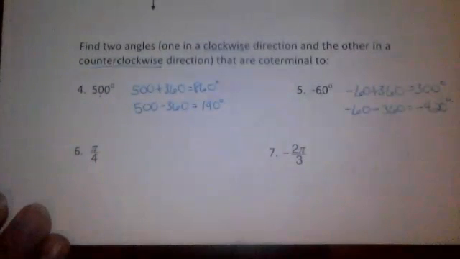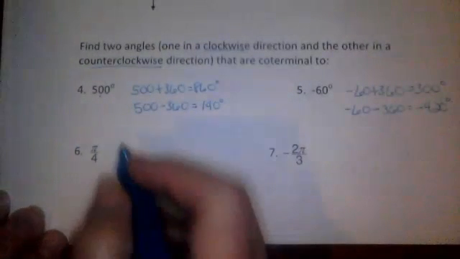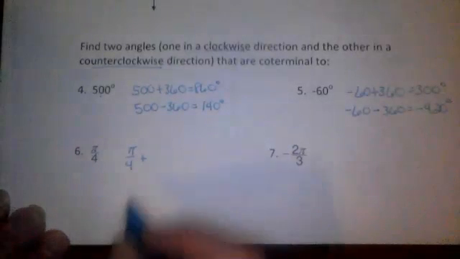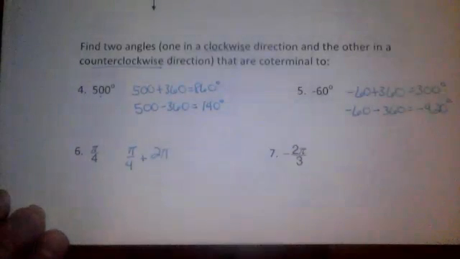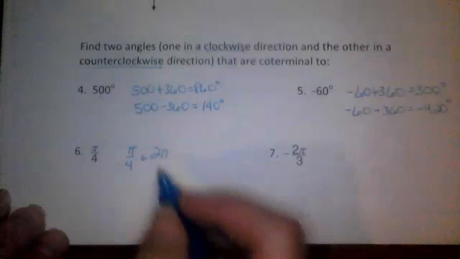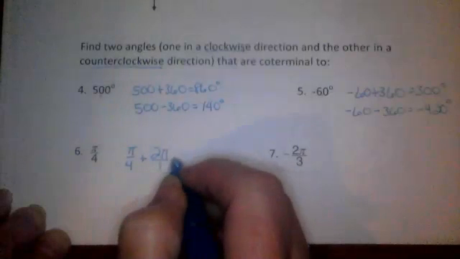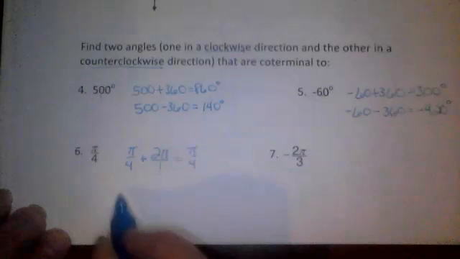All right, now then, let's talk about these radian ones. We still want to add a full rotation. A full rotation in radians is 2 pi. So if I want to add this together, these are fractions, so I need a common denominator. So I'm going to do fourths.